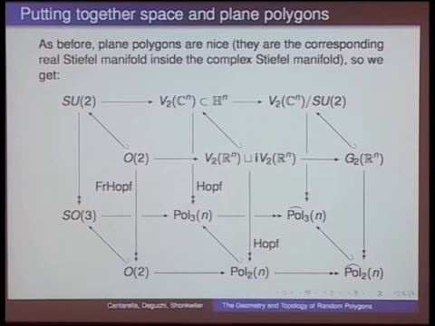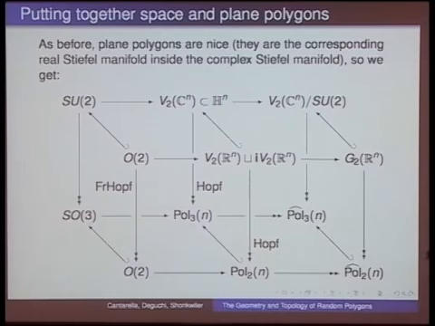So the Bishop frame exists in the Grassmann world, but not in the V2. The Bishop frame is uniquely defined in the Grassmann world, but it's not uniquely defined in the V2 mod SU2 world, because that requires you to actually know the starting vector.